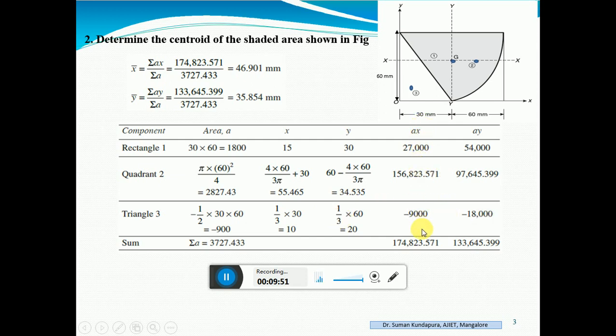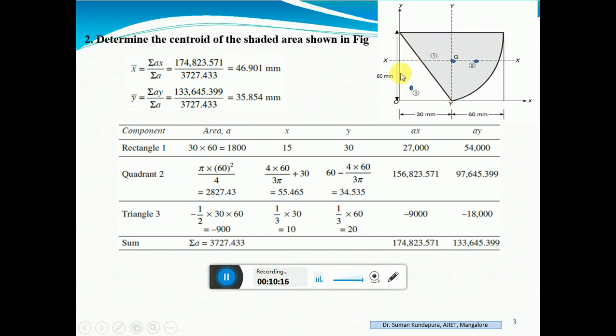Summation of ax is nothing but this, summation of ay this. Only the triangle is the cutout portion. That is why the negative sign has come only here. Now use this summation ax and summation ay in the formula. Find out the summation of the area. Here also these two areas will be added up because it's the shaded portion.